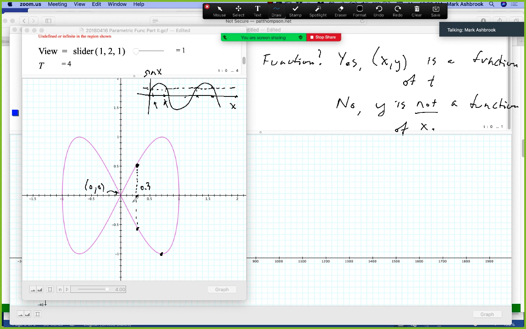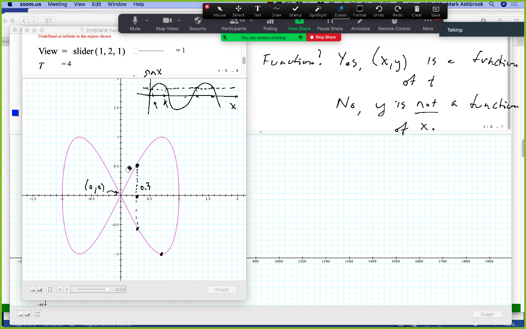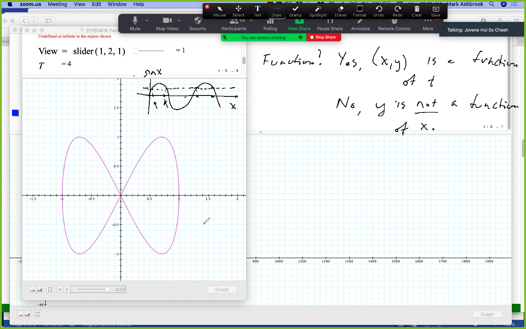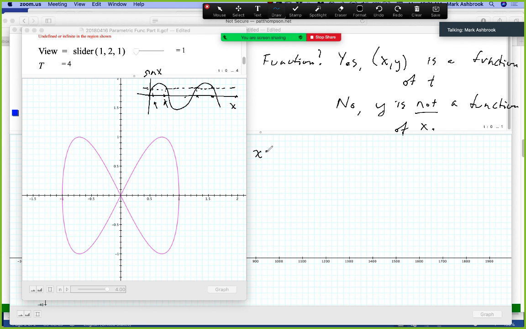All right, so we're going to figure out what this parametric function is. What do you notice about the range of x and the range of y here? What's the span of x and the span of y? They're both -1 to 1. Right. So x is going from -1 to 1.